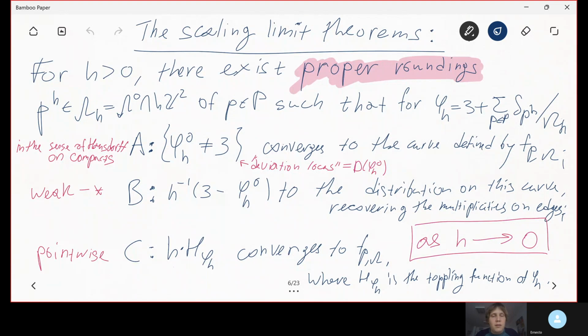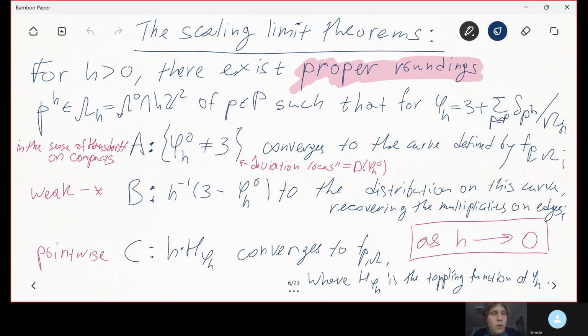So two talks ago, I spent 3 slides on stating these theorems, and now I spent just 1 slide. So I spell all of them at once. So we are still in this tropical sandpile setup. So we have omega, we have this subset of the interior of omega, which is P. And now one more piece of input is H greater than 0, which is the scale of the lattice.